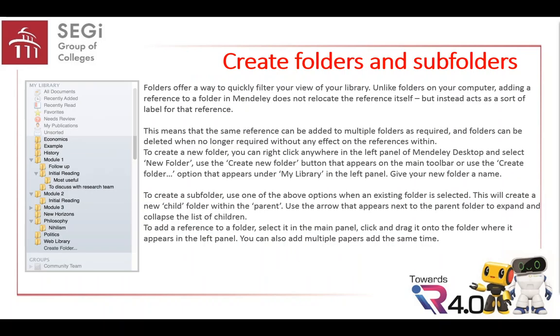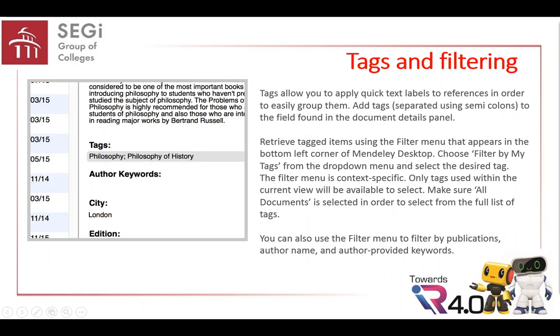Then this is creating a subfolder. Just now you saw Unsorted. There's maybe one big folder, then underneath you can create subfolders with this software. Then you can create tags also. All the tags will be available when you download the references.